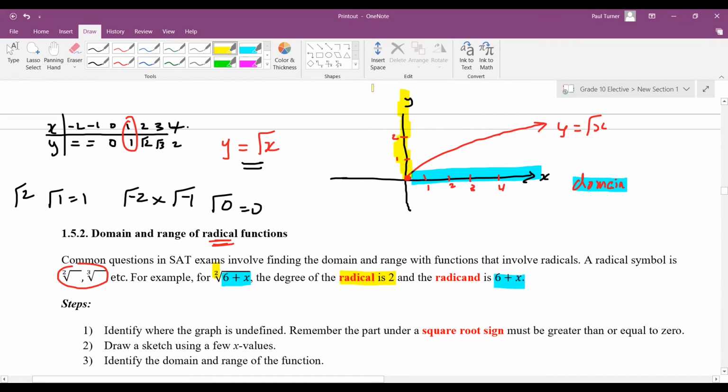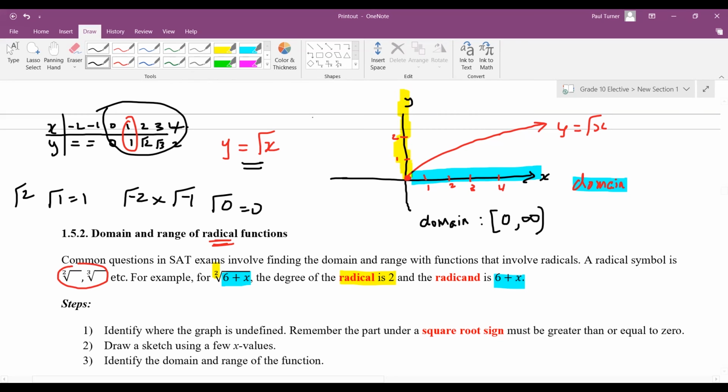For your range. So your domain is going to be from 0. We can include 0, no problem, these numbers here. So we can include 0, and then we go to infinity. Right, that's your domain for this graph.